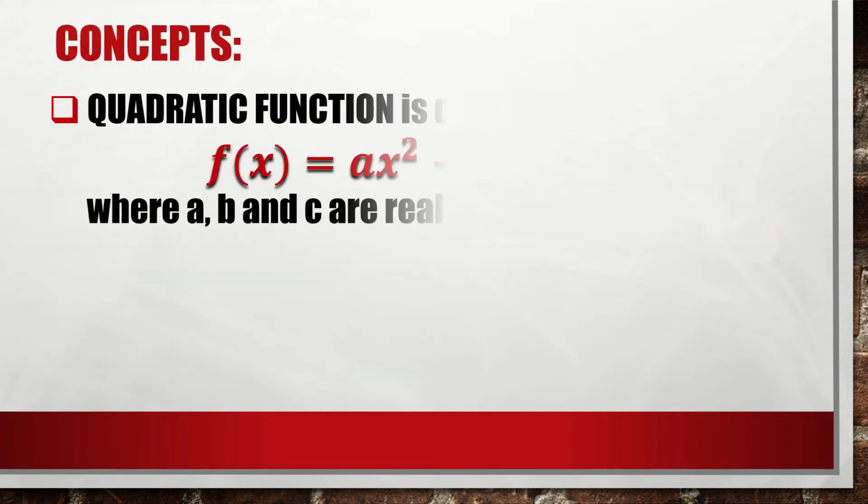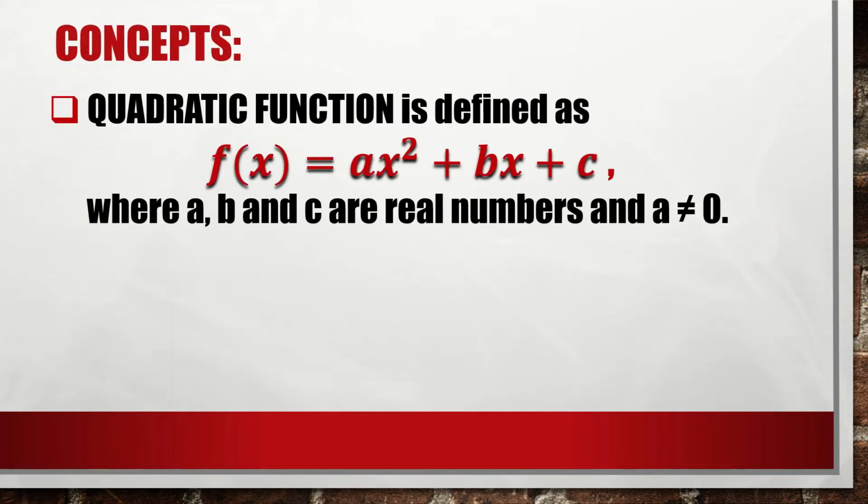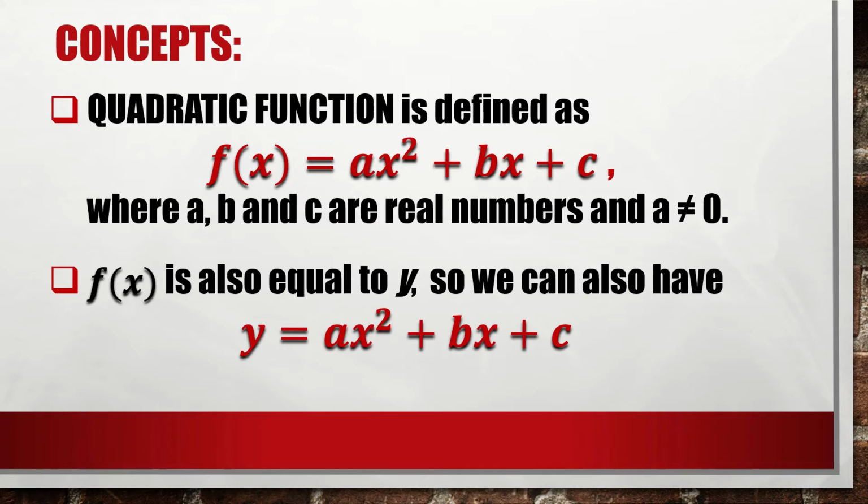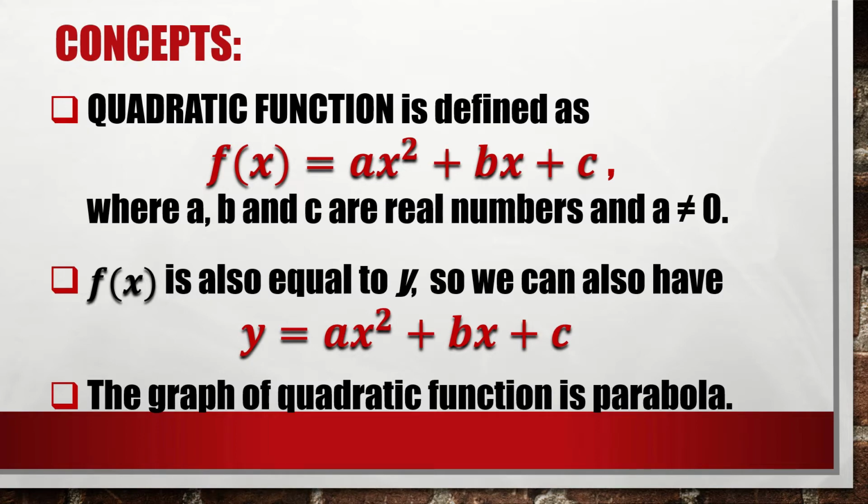Other than that, a quadratic function is defined as f of x is equal to ax squared plus bx plus c, where a, b, and c are real numbers and a is not equal to 0. F of x is also equal to y, so we can also have y is equal to ax squared plus bx plus c. The graph of a quadratic function is a parabola.